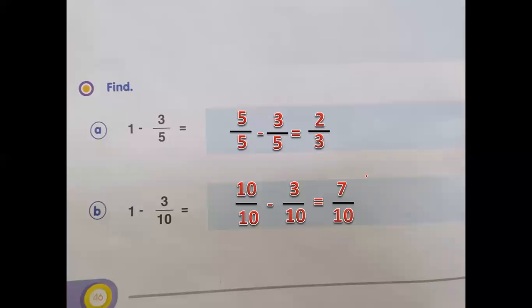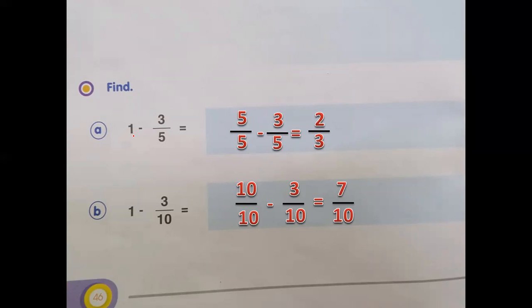Okay, the question here is not important, but I'm going to explain it to you. We have 1 minus 3 over 5. Previously we said that if the numerator and the denominator are the same number, the fraction equals 1. Okay, so 2 over 2 equals 1, 3 over 3 equals 1, 10 over 10 equals 1.